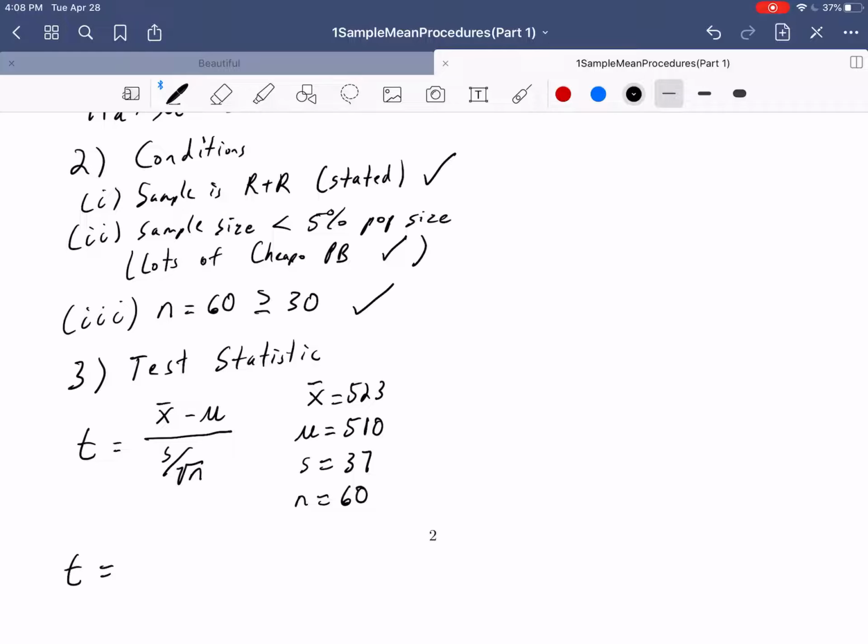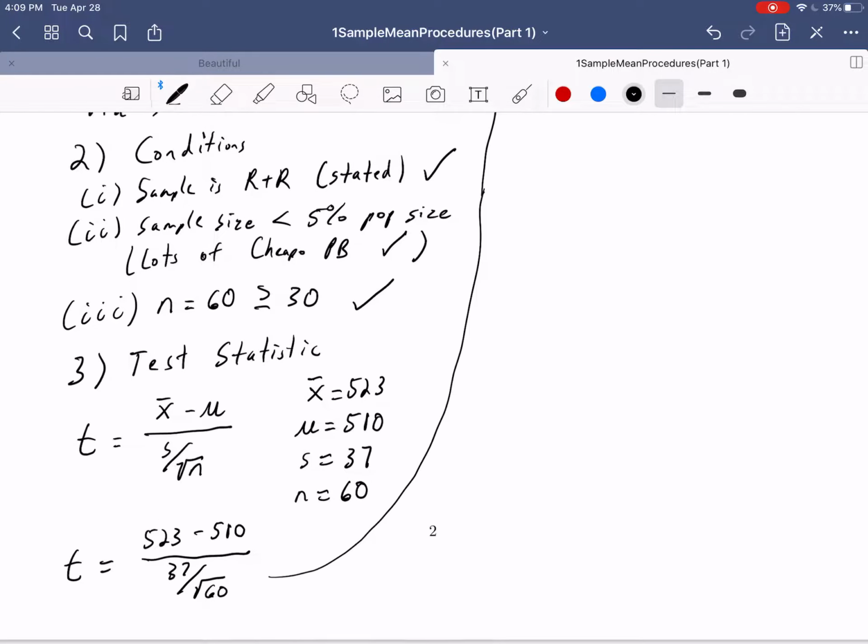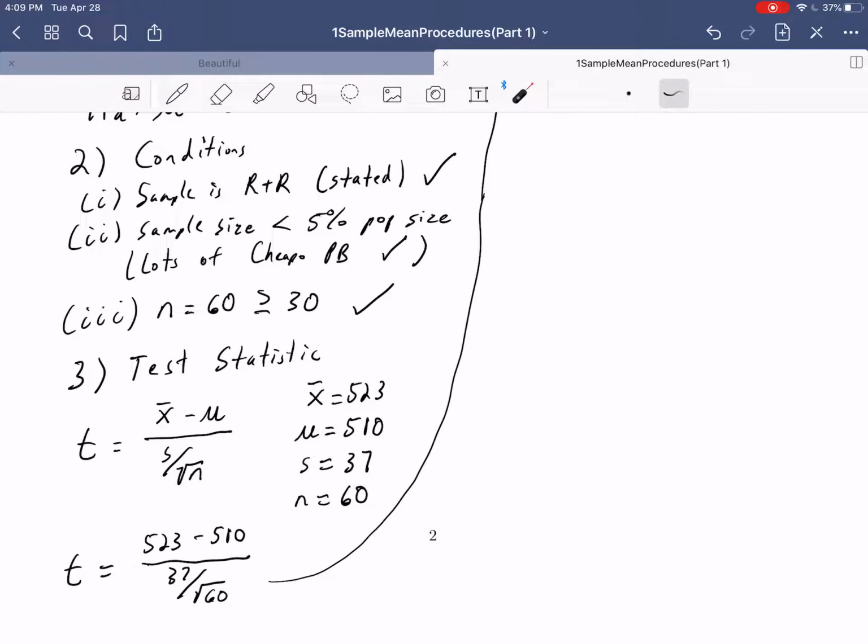We'll get T is 523 minus 510 over 37 divided by the square root of 60. Now, to make this a little bit easier, I think we'll bring it up here. For typing this in, if you're comfortable using your calculator, there are some tricks to doing this all in one line, but what I would do is the numerator and the denominator separately.